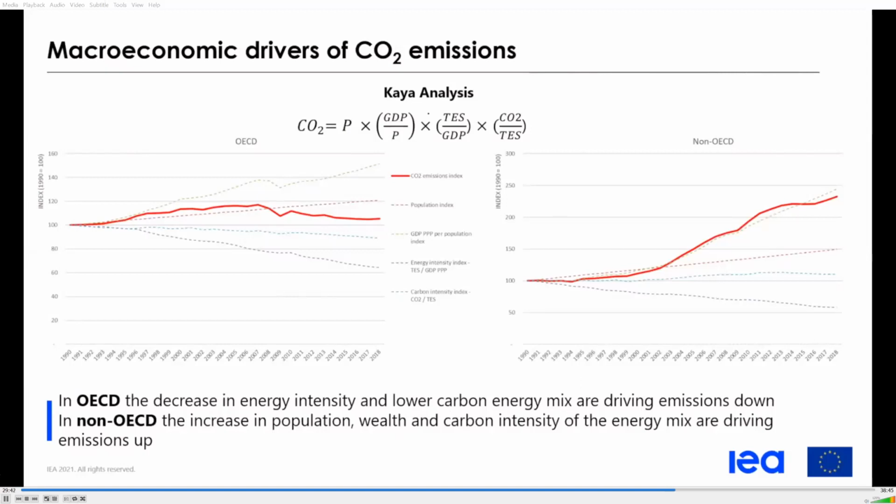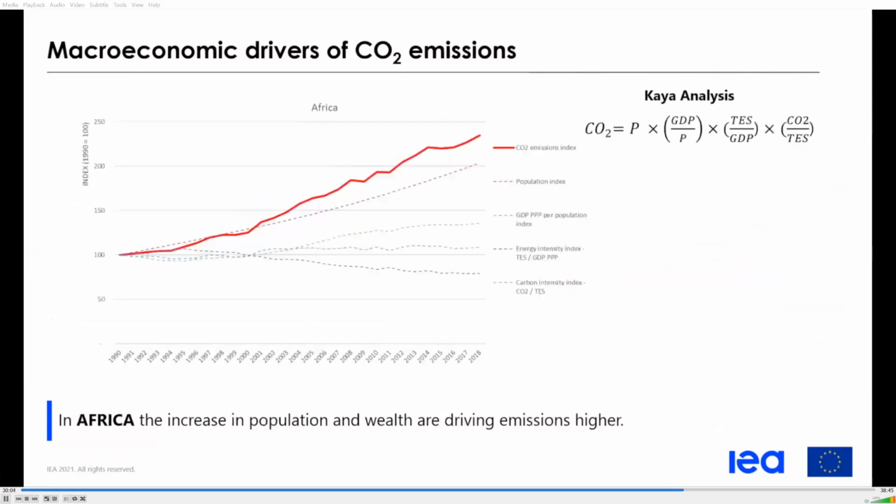On the other hand, among the non-OECD countries, increases in population, GDP per capita, and carbon intensity of the energy mix have been driving upward trends in CO2 emissions, while the reduced energy intensity is slightly offsetting this increase. In Africa, the increase in population and wealth are the main drivers of emissions increase.